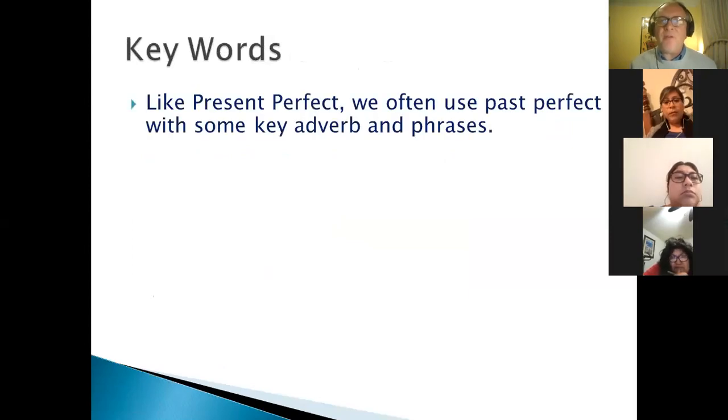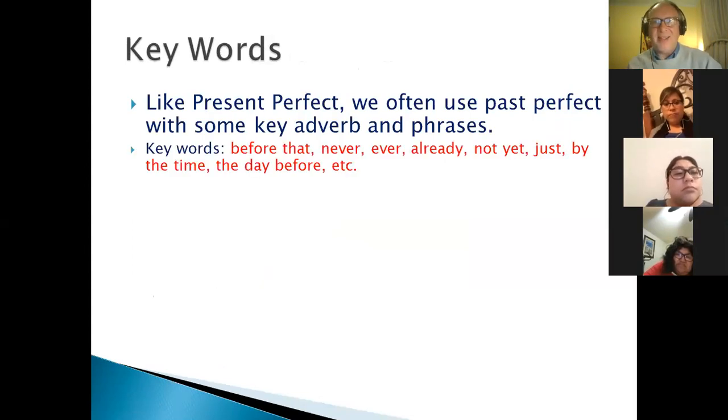Like present perfect, we often use past perfect with some key adverbs and phrases. Let's take a look at some of these. Before that, never, ever, already, not yet, by the time, just, the day before, etc. These are very similar to the key words we learned for present perfect, right?